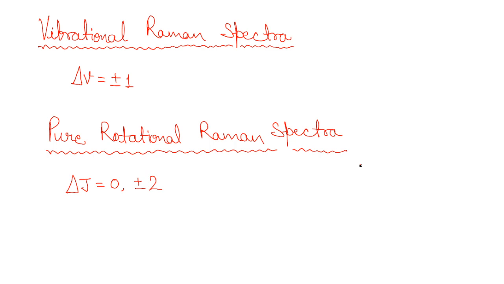Okay, next one. If I'm going to talk about the vibrational Raman spectra. Now in the Raman spectra topic, again we considered two different cases. One is the vibrational Raman spectra and the other one is the pure rotational Raman spectra. When I'm considering the vibrational Raman spectra, corresponding to this you will have the selection rule delta V is equal to plus minus 1, where V is what? That's going to be the vibrational quantum number once again, because it is vibrational Raman spectra we are talking about.